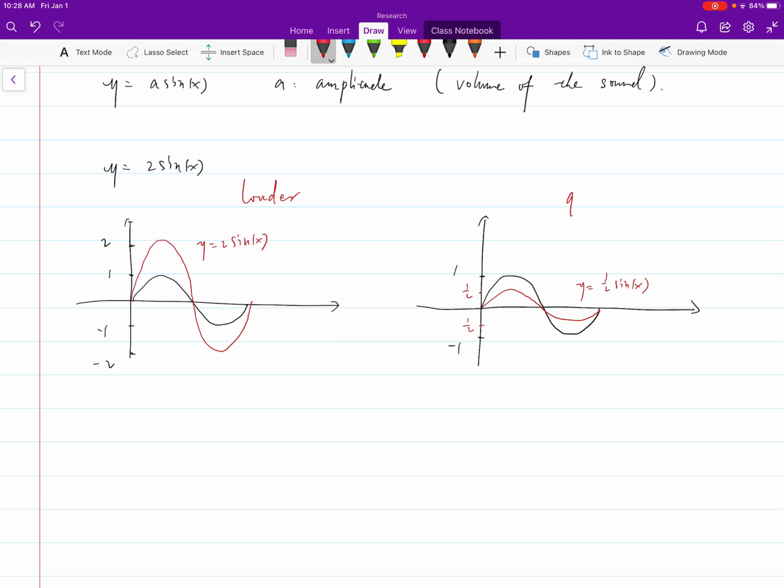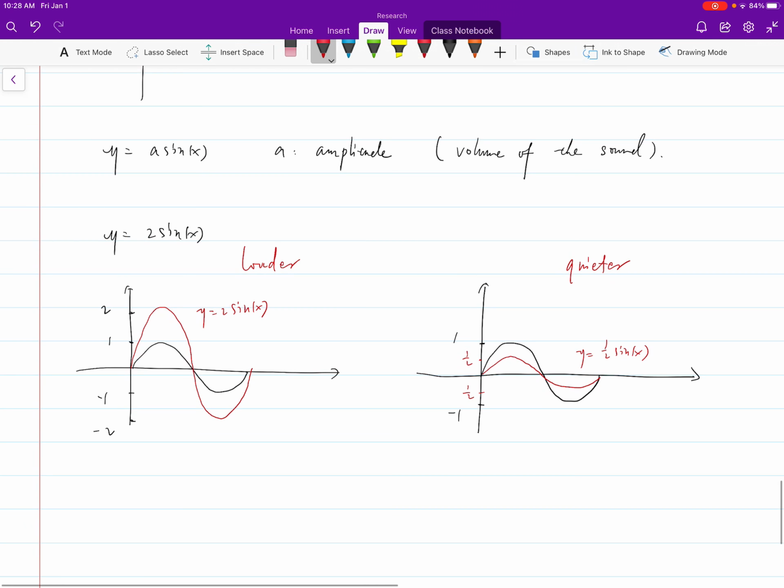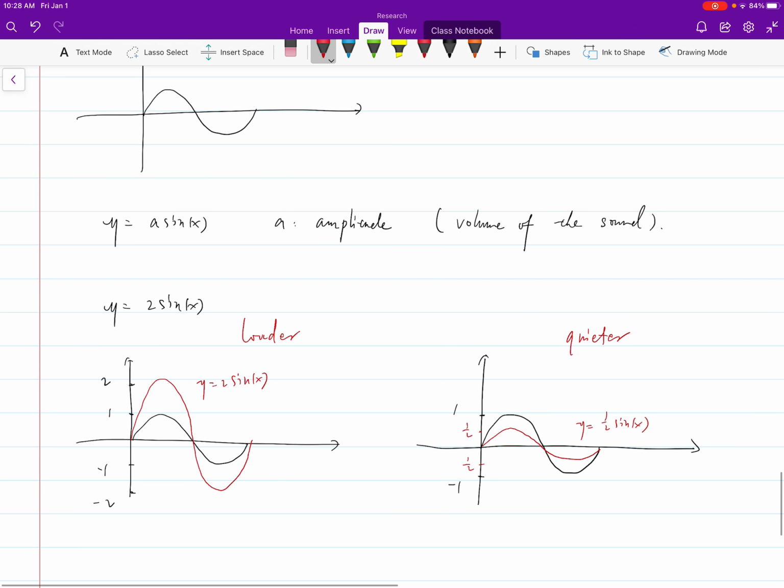So by tweaking this number, you will make this one louder than the original sine, or make this one quieter. And that is called amplitude.